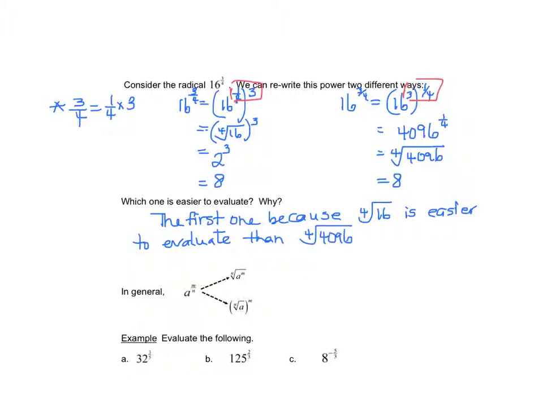So in general, it's better to keep the fraction inside, evaluate that first, inside the bracket, and then put the numerator of the fraction outside.